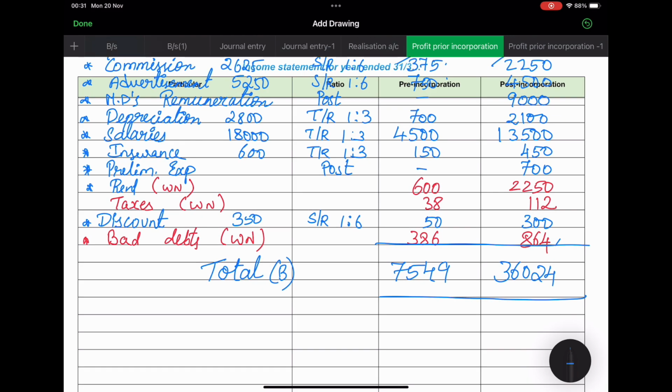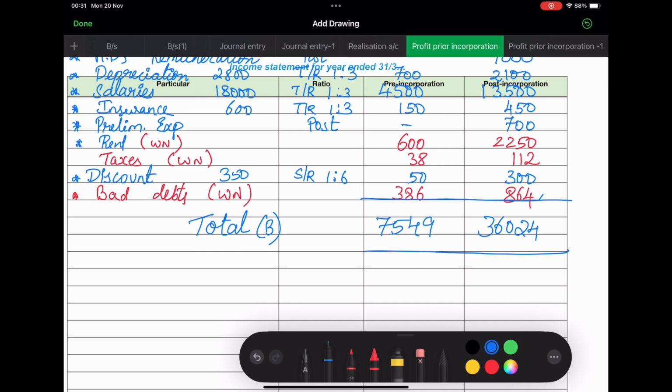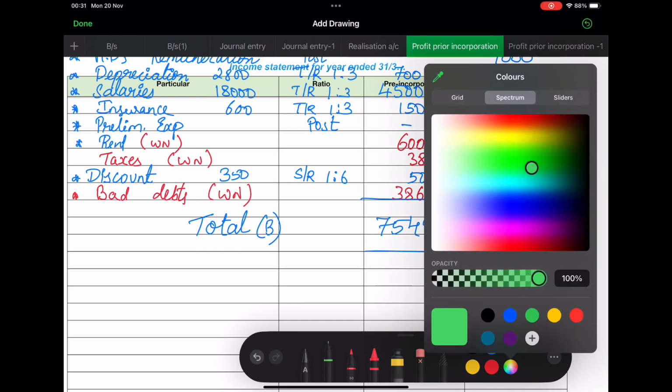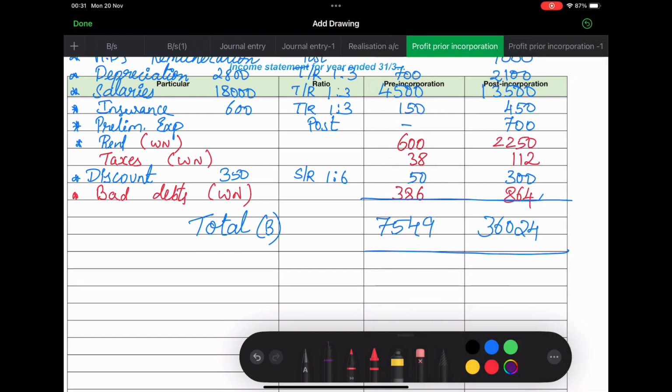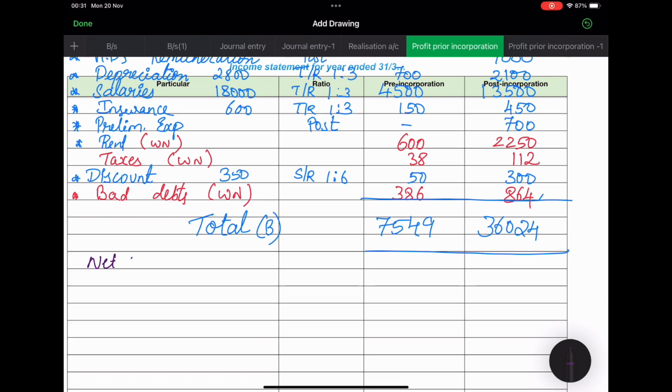Now we are going to identify the net profit. So how we are going to identify net profit?